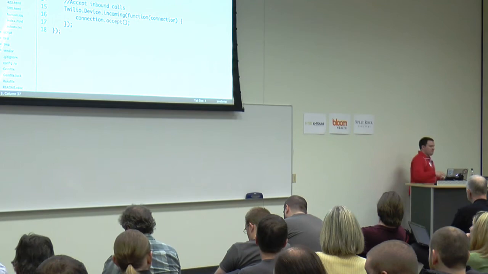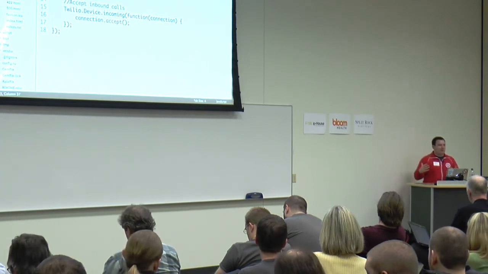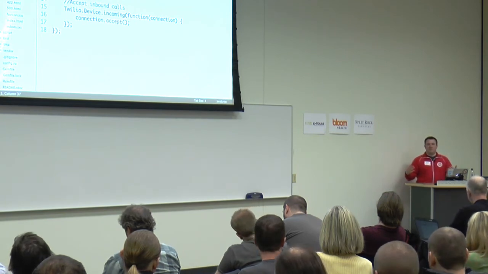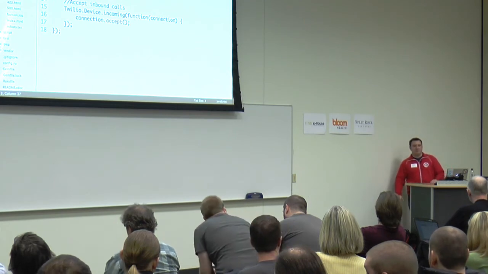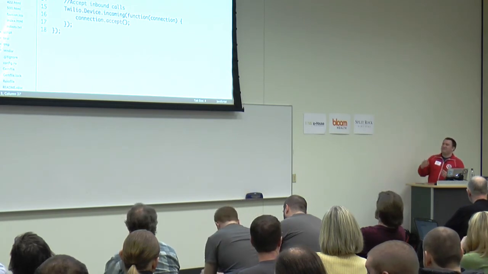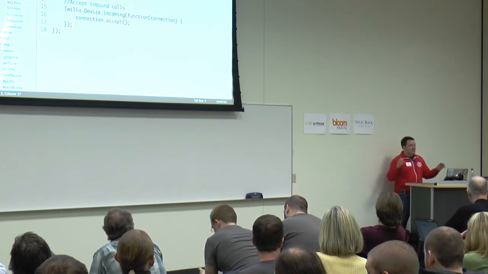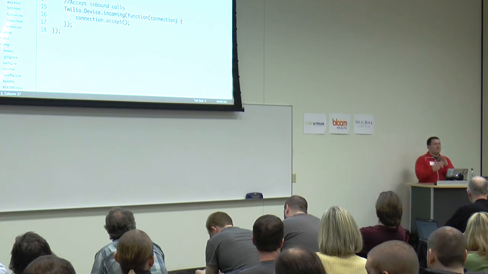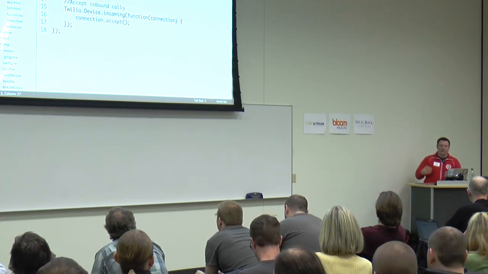Now, this is where my major beef with Knockout came in as I was building this application. If you've used any MVVM frameworks, do we have any WPF developers in the house, or Flex developers, anything like that? A couple, two, sort of, not really, okay. So if you've used an MVVM framework for rich client development, you're used to having multiple views, each of which maintains its own state, and when you update that state, those changes are automatically updated in the UI.